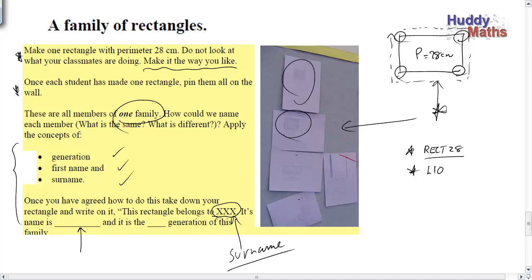Do you need to specify its width? Or is L10 enough to pick out that particular member of the family? I think it is, isn't it? Because length of 10 means this would be 10, this would be 10, and a total of 20 there, and this would have to be 4 and 4. So you don't need to put the first name of this rectangle as L10 and width or breadth of 4. That will do.